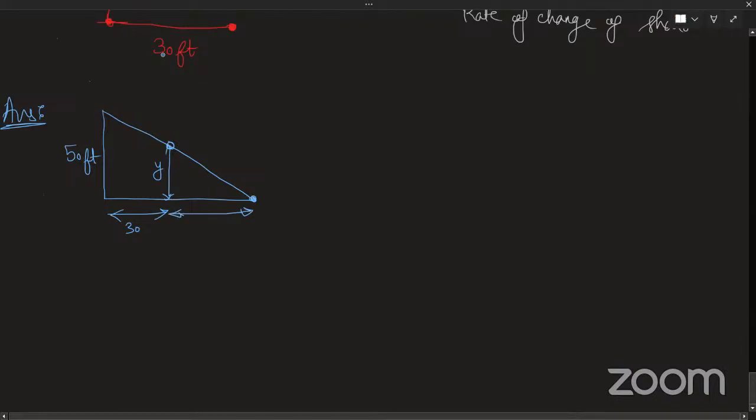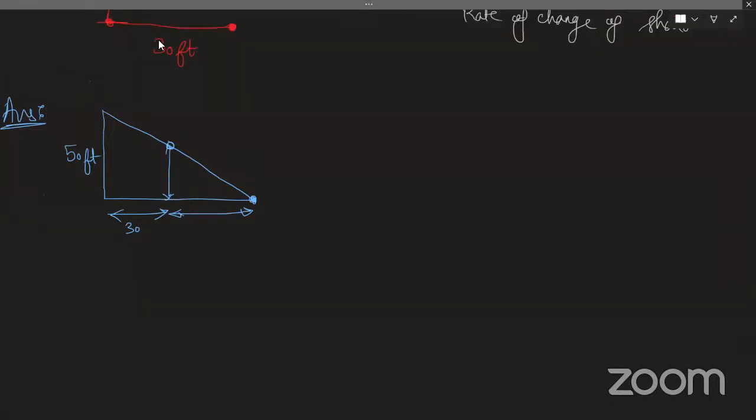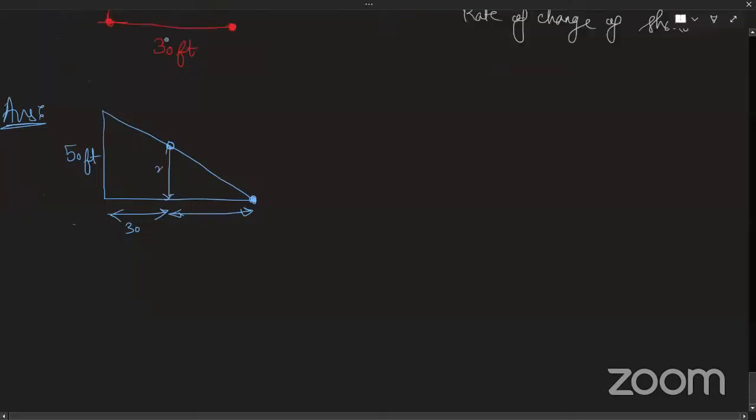No, sorry, not the length of the shadow. Can I calculate where my shadow is, the location of the shadow? So first of all, I'll treat this thing as x and this thing as y. So can I calculate my y in terms of x? Obviously, apply basic proportionality theorem. So y by x will be y plus 30 by 50, right?